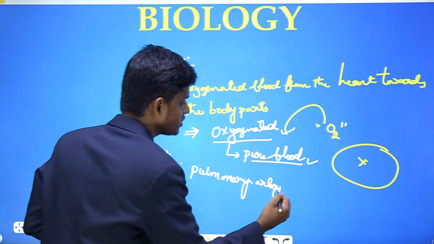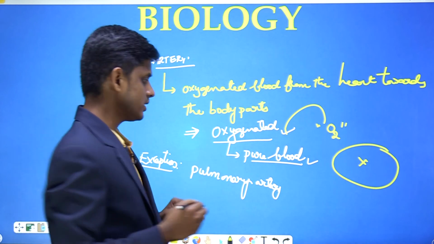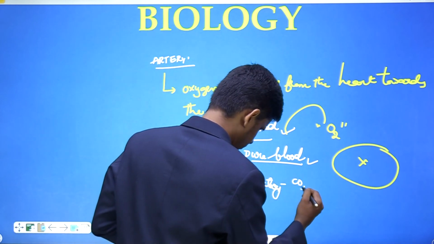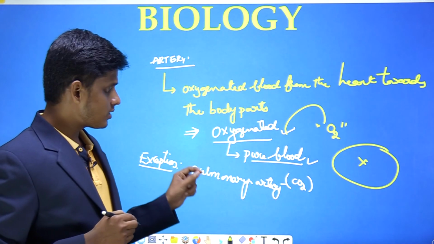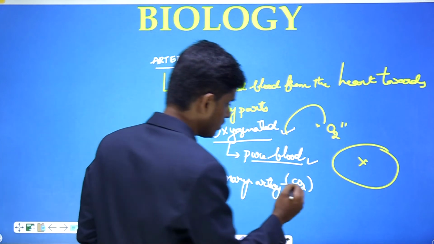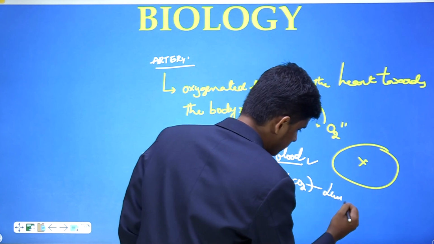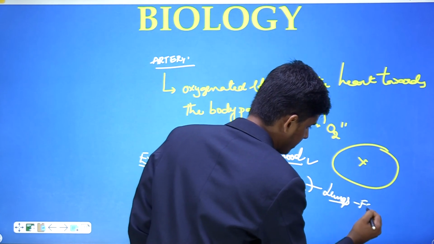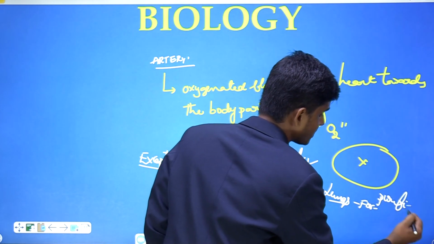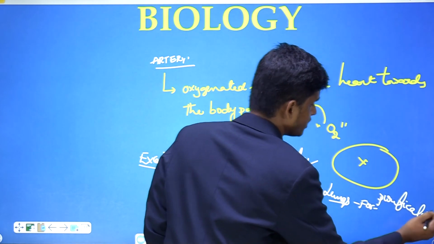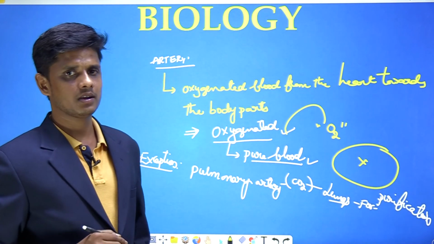Pulmonary artery, which carries deoxygenated blood, that means which possesses carbon dioxide as a chief component, from the heart to the lungs for the purpose of purification. This is a very important aspect in the circulatory system.